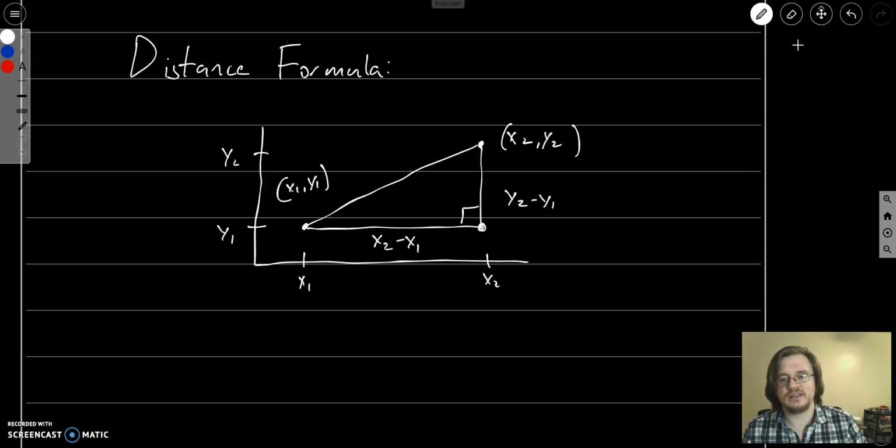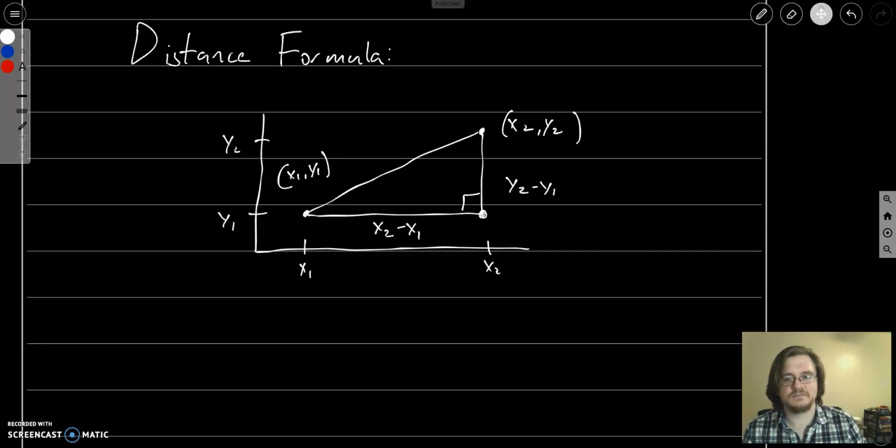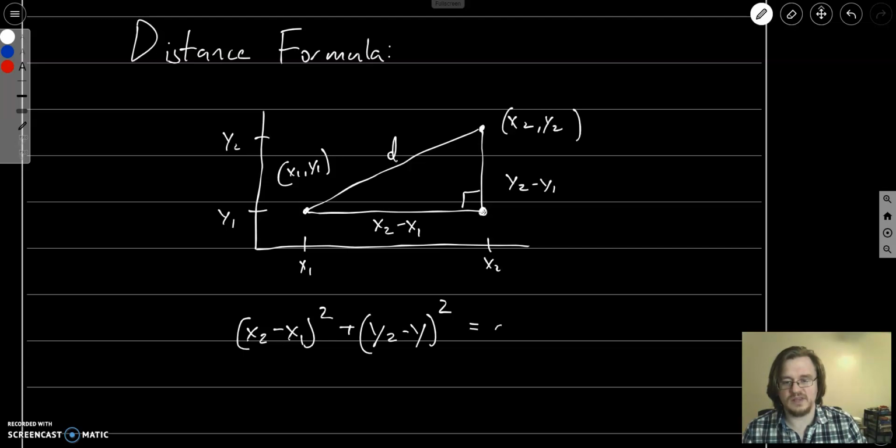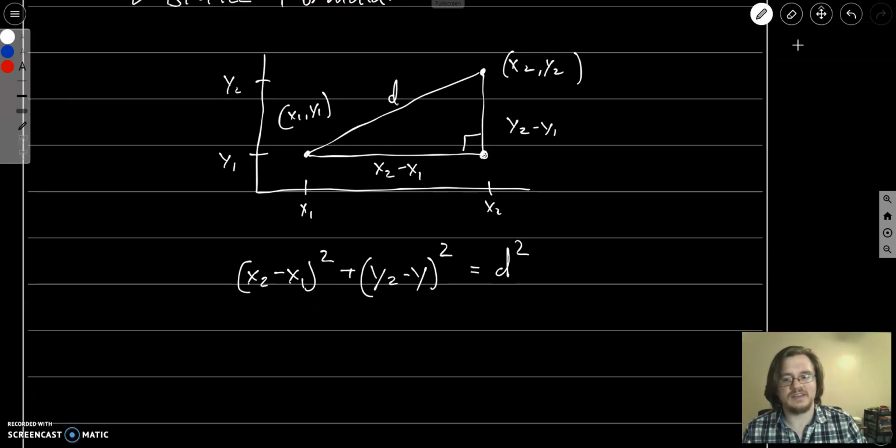So the length of this side, if I call this length d for distance, then I know that the following is going to be true. If I take this side and square it, plus this side and square it, it will be equal to d squared. And that gives me the formula.